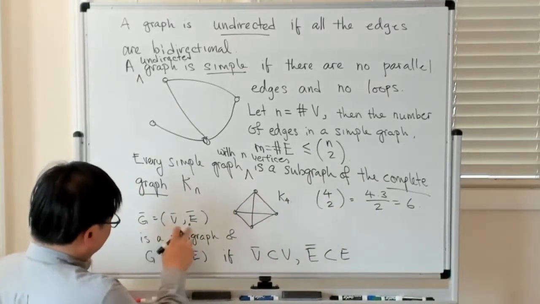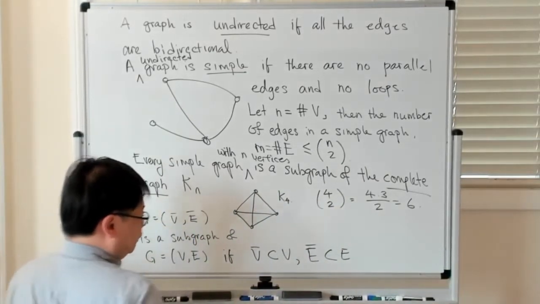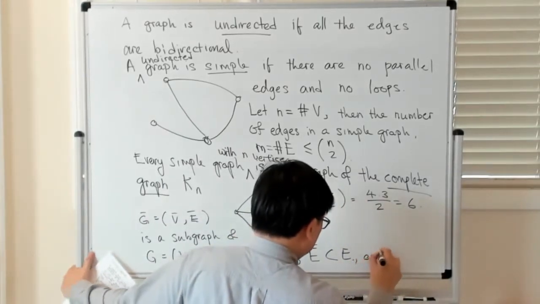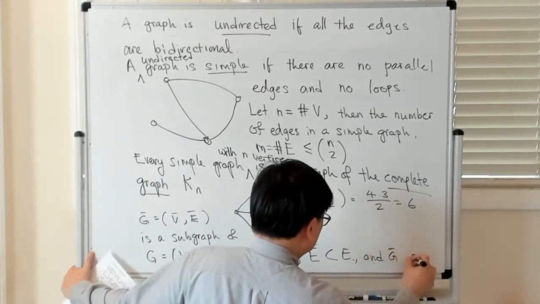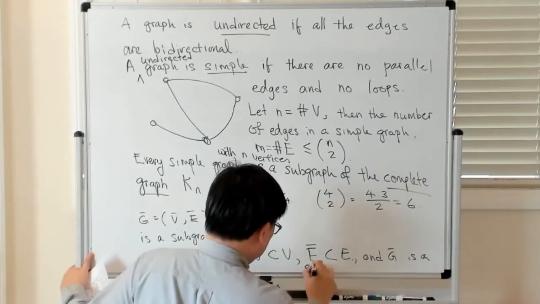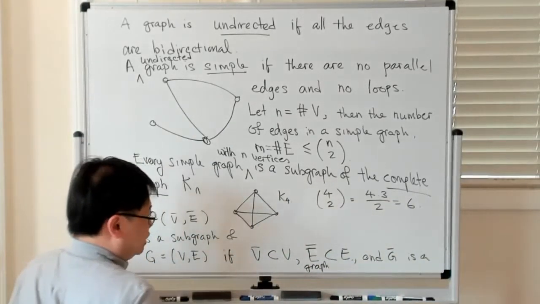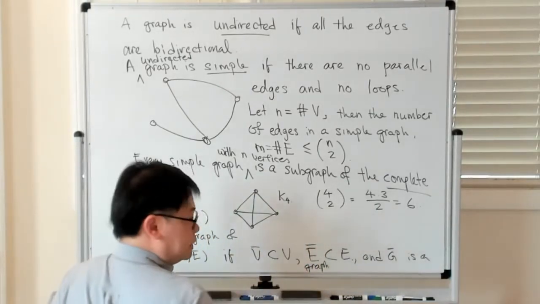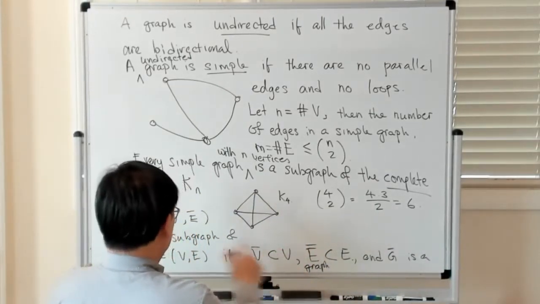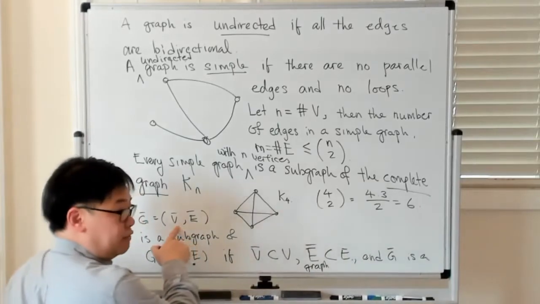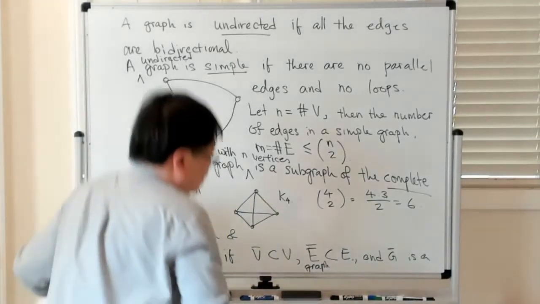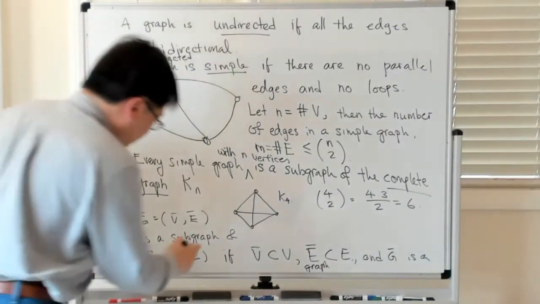It also has to be that G bar is a graph, which is to say that E bar consists only of edges which connect vertices in V bar. So that's the idea of a subgraph.